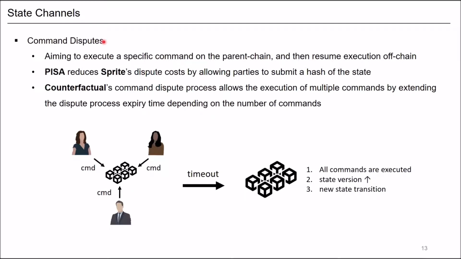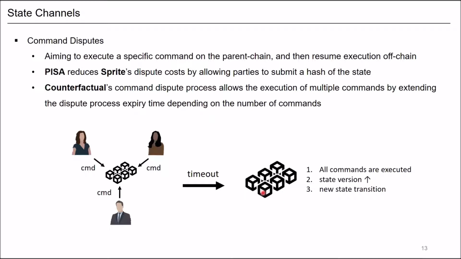A command dispute aims to execute a specific command on the parent chain and then resume execution off-chain. The channel does not close and can continue its off-chain execution after the command executes. The blockchain grants a predefined time window to collect commands from each party, and all commands execute after the dispute process expires.